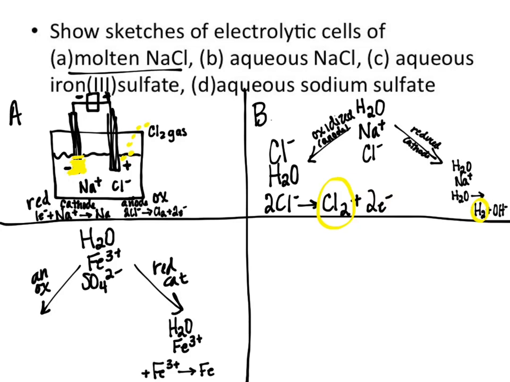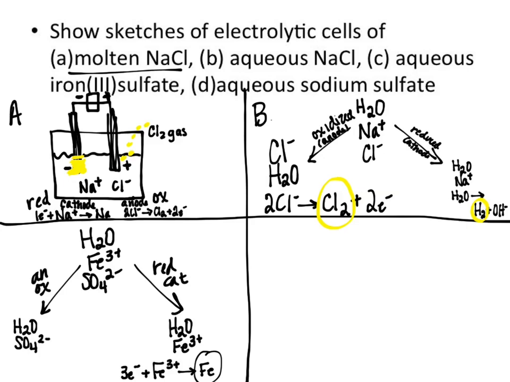And what we're going to get on our electrode is we are going to make some iron solid. So now on our anode end, what can we oxidize? We can either oxidize water or sulfate.